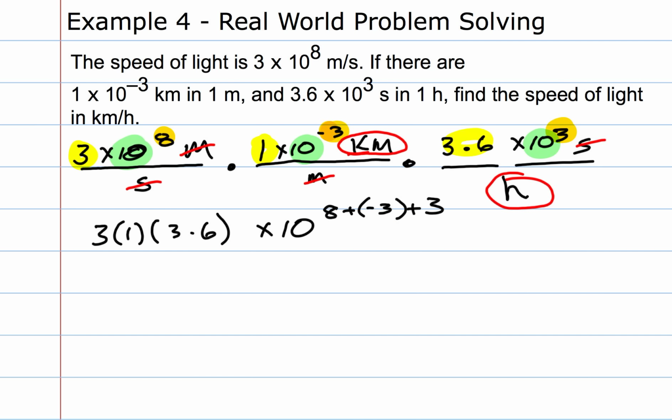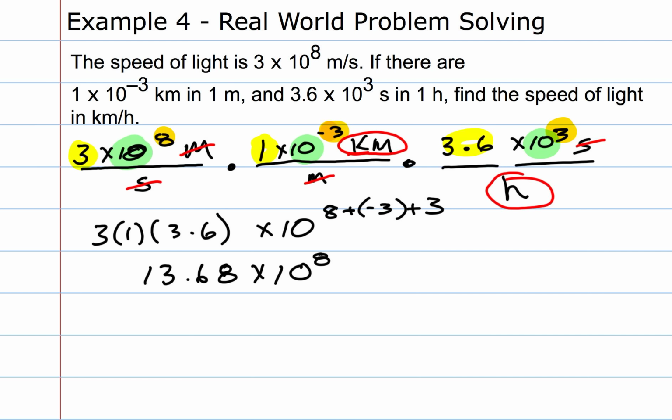The negative 3 and the positive 3 become 0, which just leaves you 10 to the 8th. And so we have times 10 to the 8th on the right for the base 10 of the scientific notation. And when you multiply 3 times 3.6 times 1, that gives 13.68.